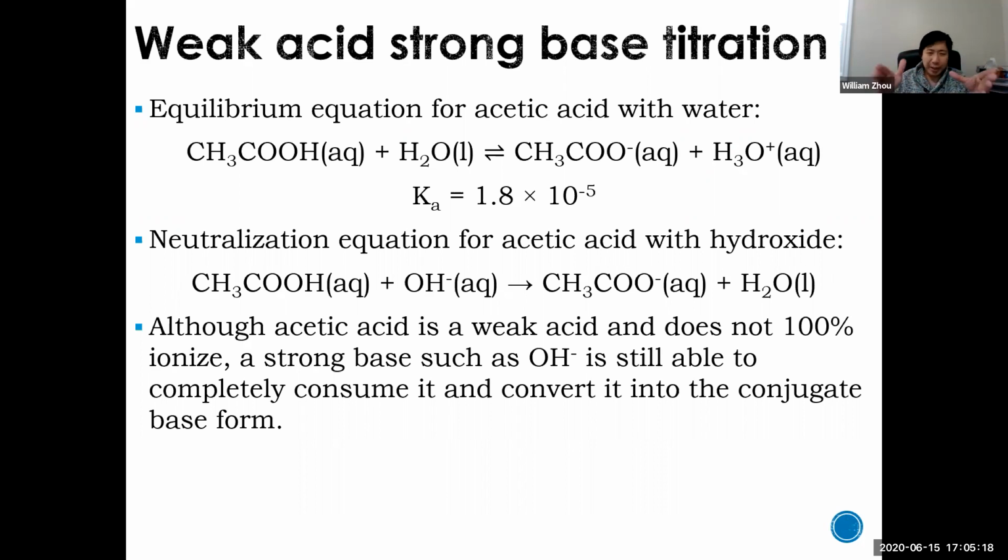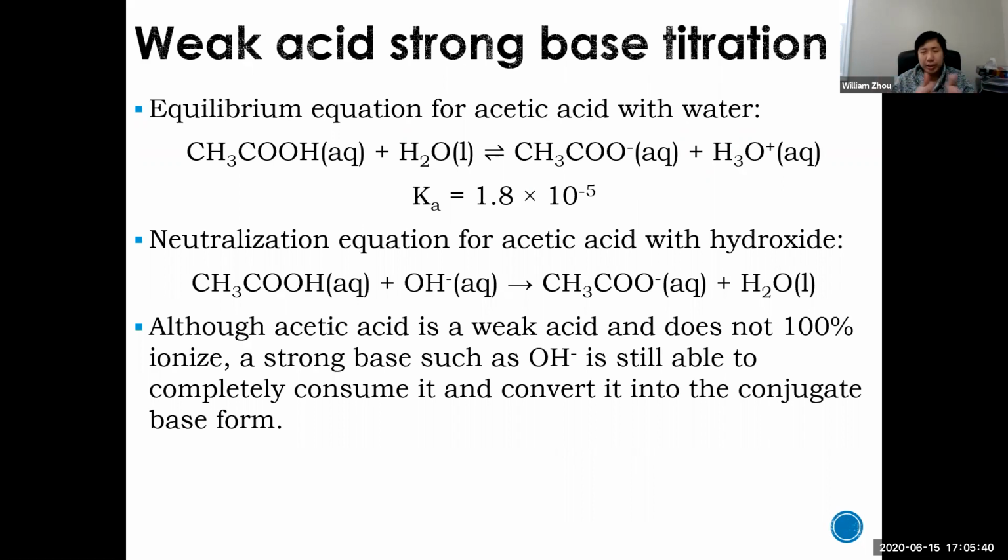Without the base, the equilibrium lies on the left side. But as you add more base, the hydroxide will react with more and more acetic acid to produce the acetate conjugate base, which is a product. So you are shifting the equilibrium to the right by adding more base.